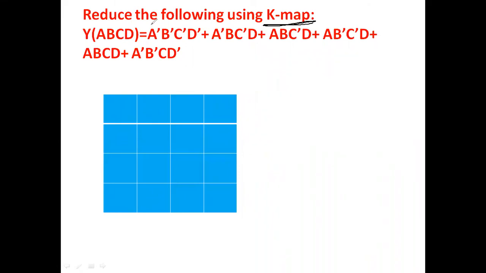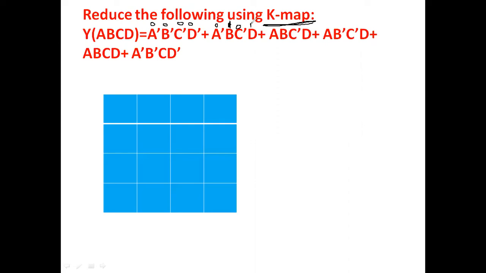Okay. So here A bar means 0. Please listen carefully. B bar means 0. C bar given, so it is 0. D bar is again 0. Then A bar means 0. That is, a complemented term is treated as 0. B means 1. C bar again 0.